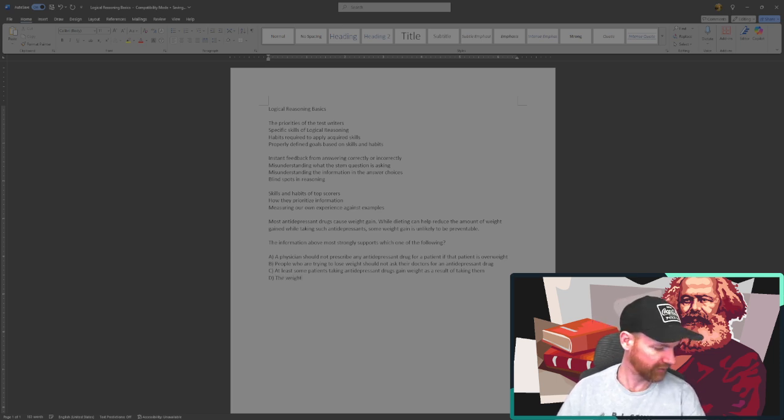The weight gain experienced by patients taking antidepressant drugs should be attributed to a lack of dieting.